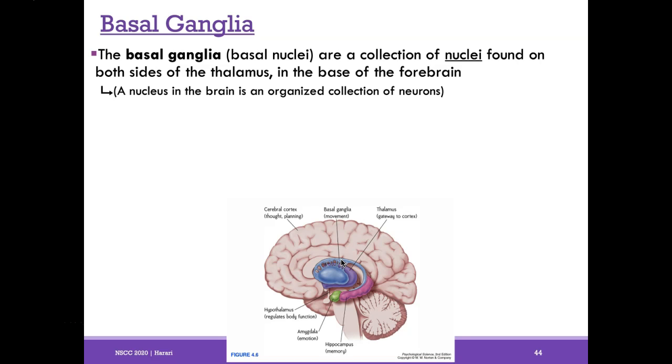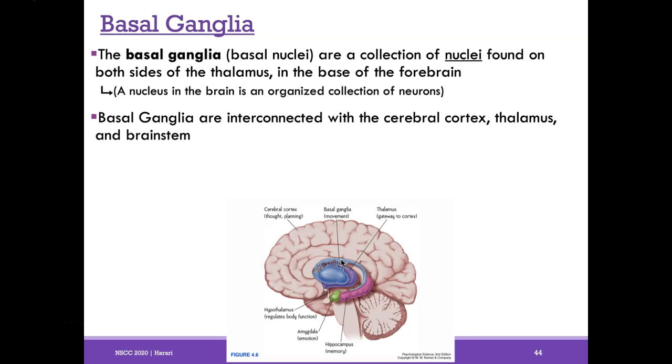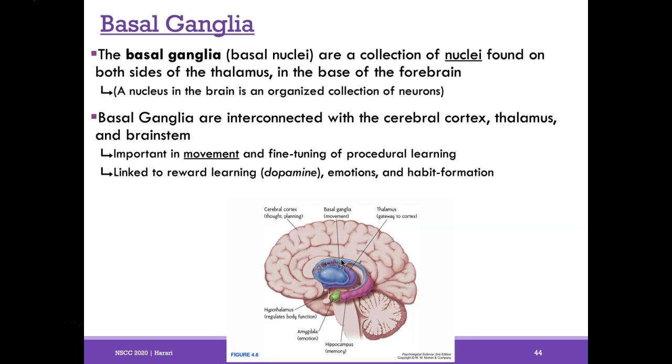They have so many different functions. And what I really want you to understand is that they're interconnected with multiple parts of the brain. So the basal ganglia interconnect the cerebral cortex with the diencephalon, with the brainstem. And it also helps connect to the cerebellum. So it connects with all parts of the brain, the basal ganglia.